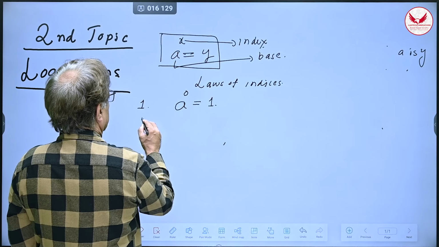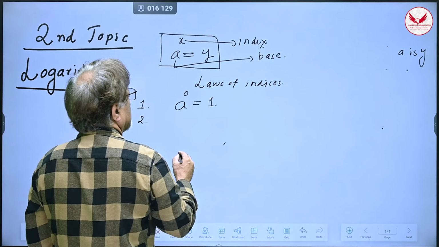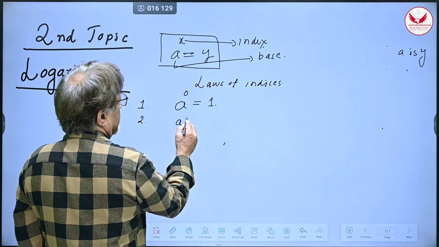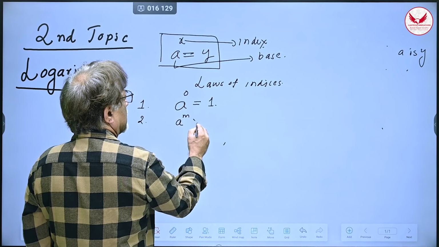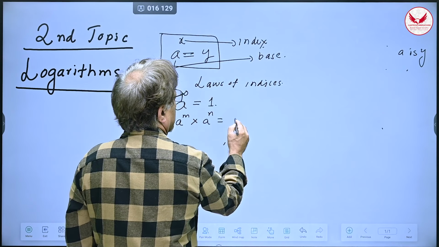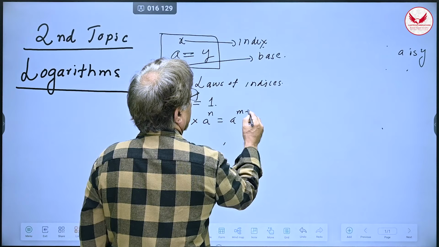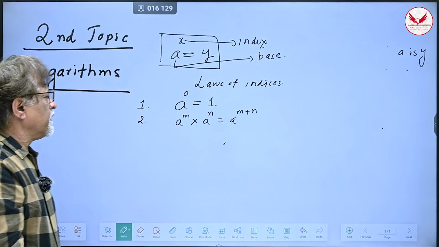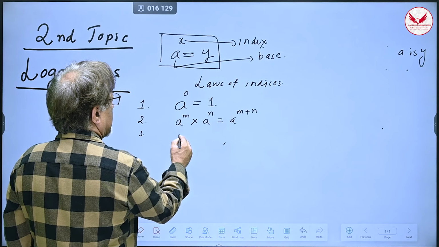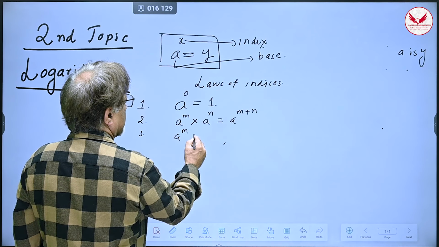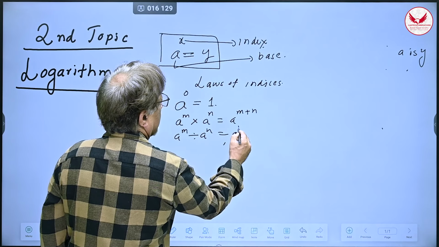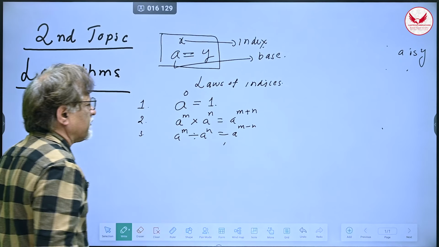Okay. The second law says that a raised to m multiplied by a raised to n is nothing but a raised to m plus n. Just now we saw one illustration of this law. Now the third is a raised to m divided by a raised to n is a raised to what? m minus n.